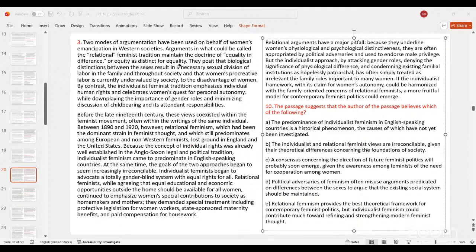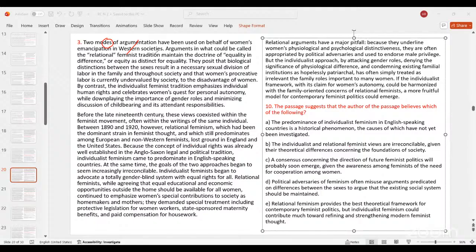Okay. So here is your reading technique. Now let me show you how to deal if you have to go with the whole para. Again, you require patience. It says two modes of argumentation, right? Two modes. It means now the whole passage will be about two contradictory discussions.